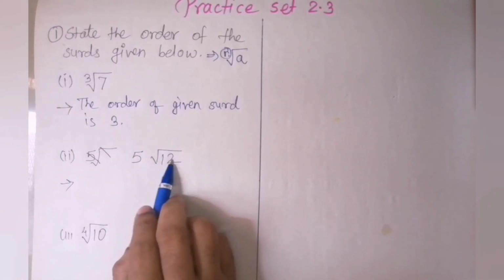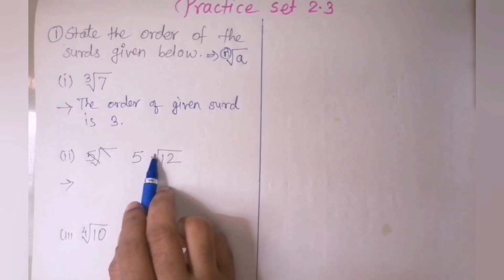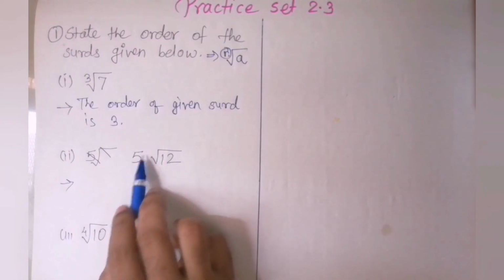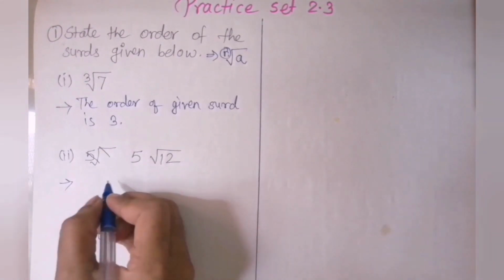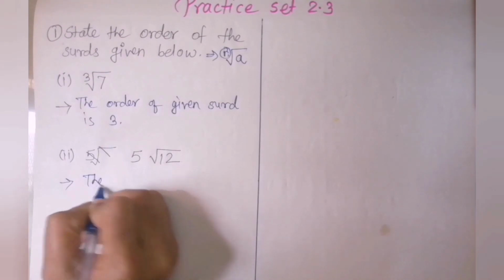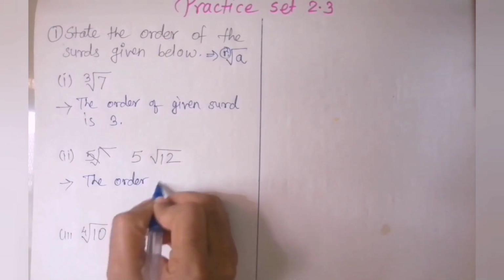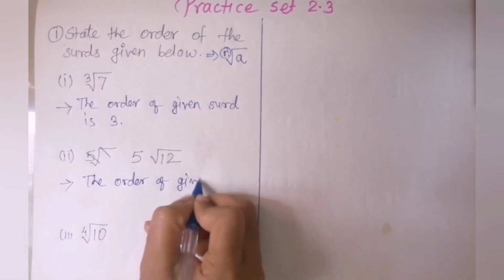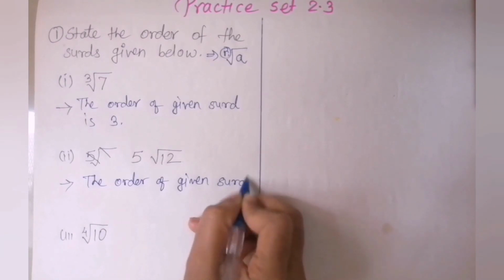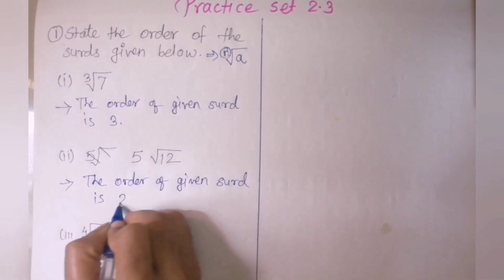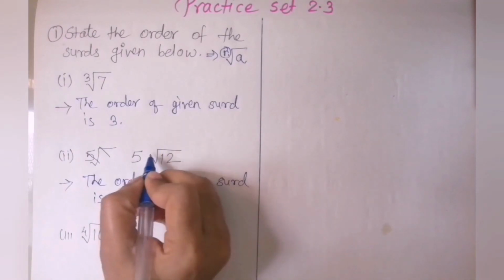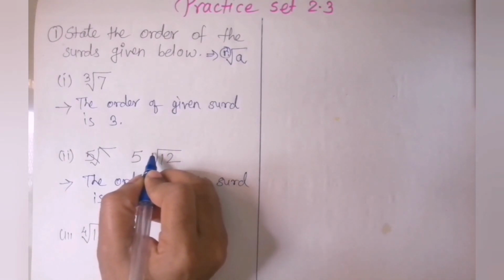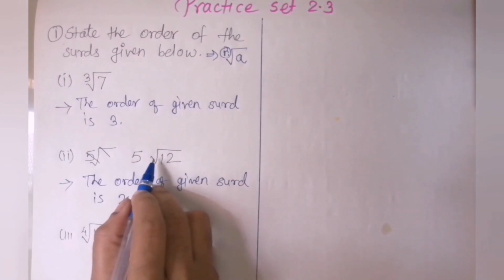What does square mean? Here there is a 2. So what is its order? 2. Not this 5, students; this is outside of that square. Okay, so write down here: the order of the given surd is 2. Clear? Because it is square root of 12. Square means there is a small 2 which is not written.